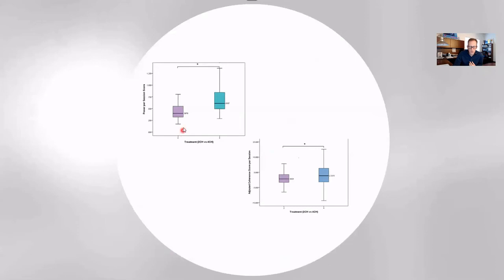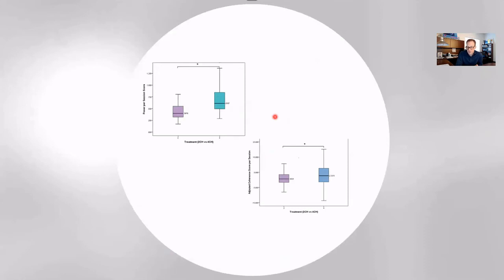And what we showed is that when we looked at change in power over about 15 sessions, actually 15 sessions with 4-channel and 20 sessions with 2-channel, the 4-channel group doubled the amount of change in power than the 2-channel group did. So it was twice as effective in only about 75% of the number of sessions.